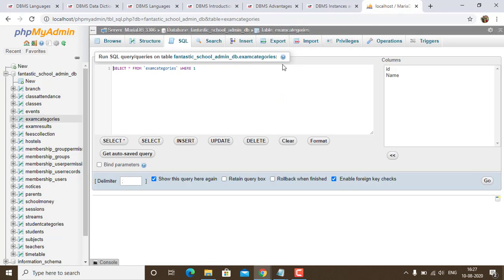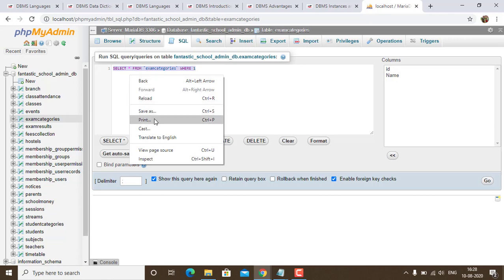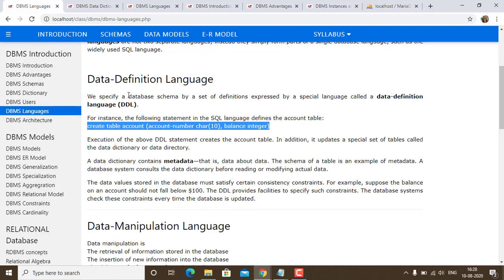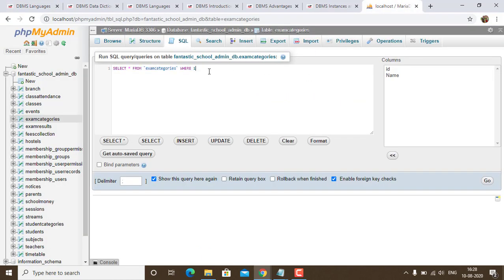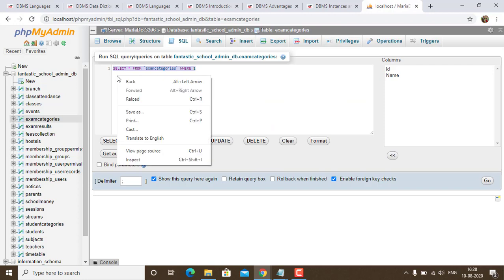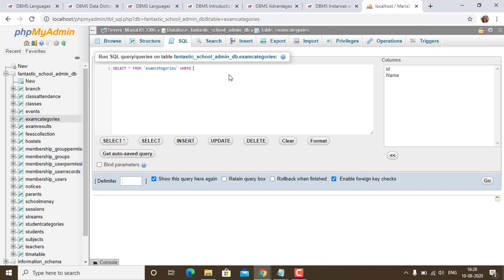Now let us see if there is any syntax error in this. Let us copy the query. I am pasting the query here. Now when we try to run this, let us see if there is some syntax error.